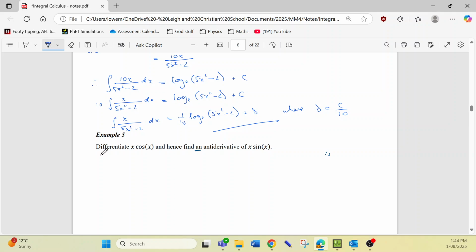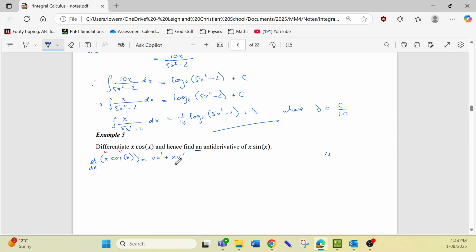Okay, so x cos x is what we're looking to differentiate. So this is not an application of the chain rule, but instead is an application of the product rule. So product rule, we've got u and v, and so we want to go v u dash plus u v dash.